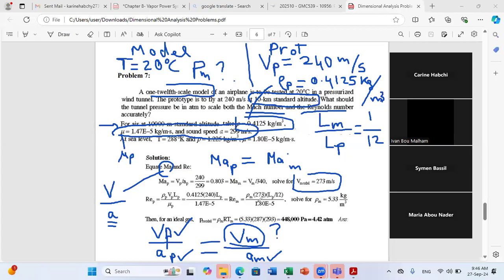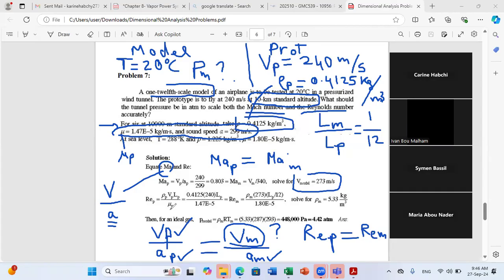Now we move to the second condition, that the Reynolds number of the prototype should be equal to the Reynolds number of the model. And we know by definition that the Reynolds number is density times velocity times characteristic length over mu.